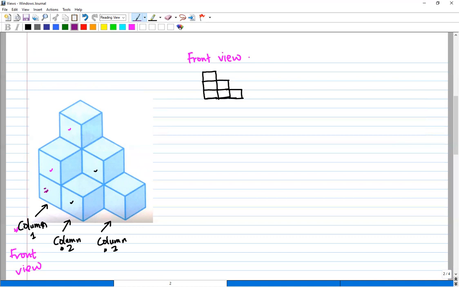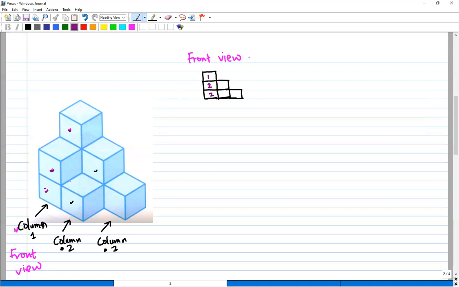We can say that, so column 1, level 1, here, we have 2 cubes in total, okay? Even level 2, this one, we have 2 cubes. And this level 3, we have 1 cube, okay?